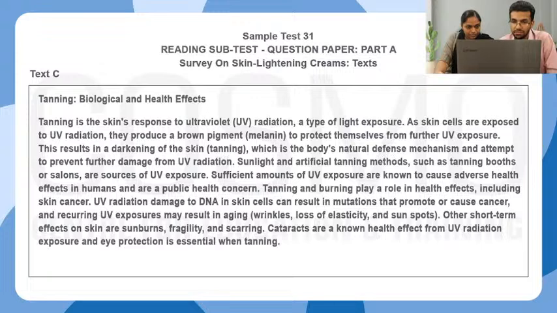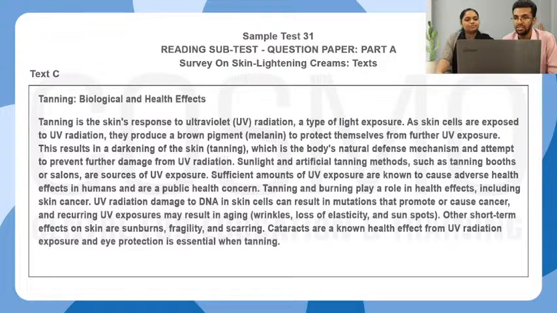Here, the fourth last line: UV radiation damage to DNA in skin cells can result in mutations that promote or cause cancer, and recurring UV exposures may result in aging.